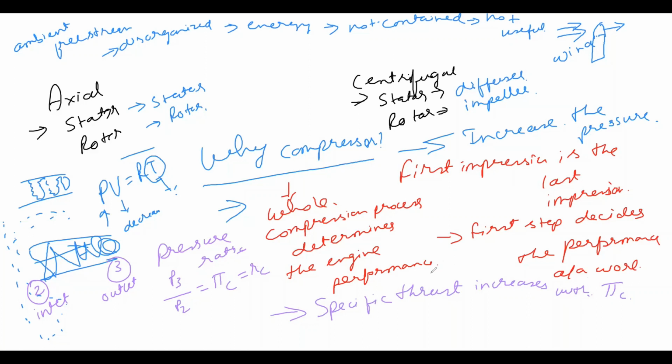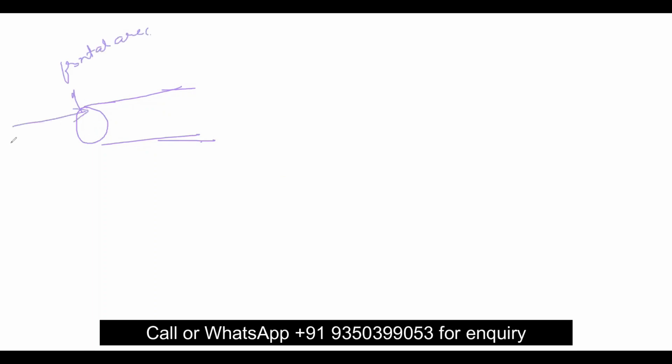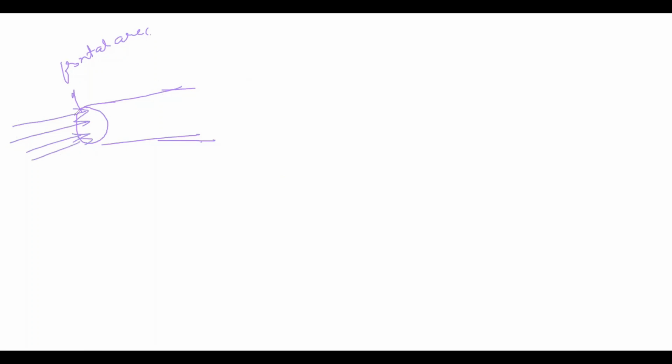Okay, the compressor also determines the frontal area of the engine. I told you already, suppose this is the engine. Okay, so this is the frontal area. So whatever air is there, some air goes inside, and the rest of the air goes on the top.